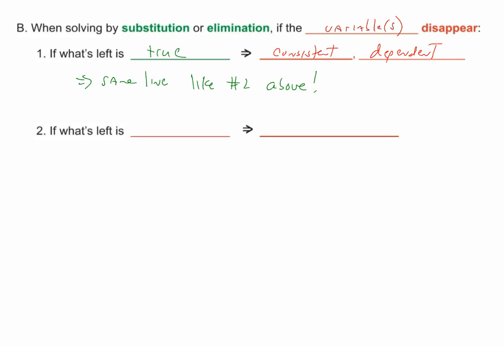So what if your variables disappear and what's left is false? Maybe you get something like 3 equals 8. Last time I checked, 3 didn't equal 8. Maybe you get something like 0 equals -4. Last time I checked, 0 doesn't equal -4. The numbers that are left are false. Therefore, it's got to be inconsistent.